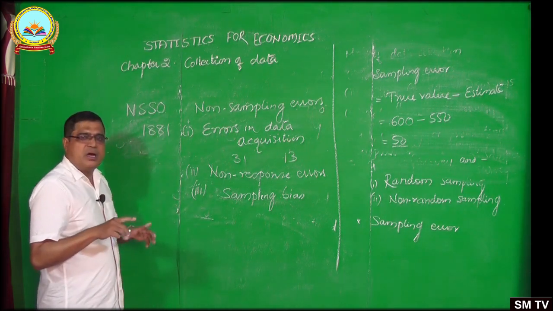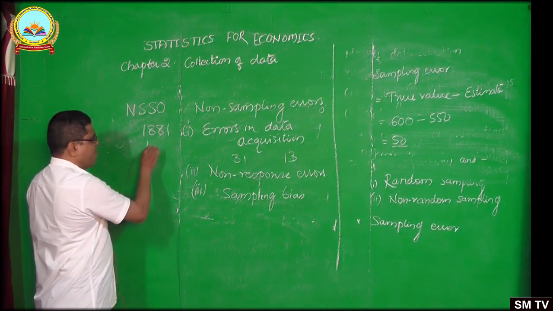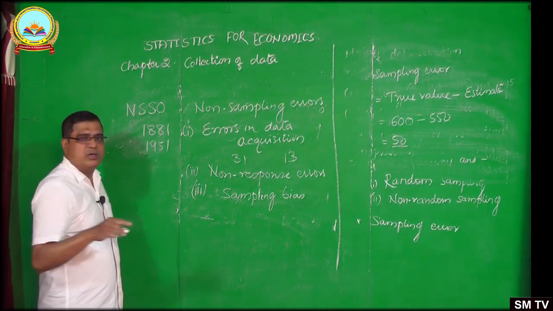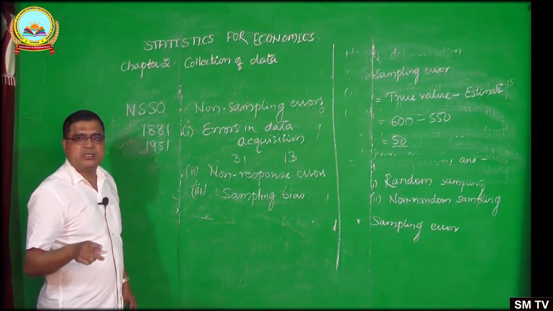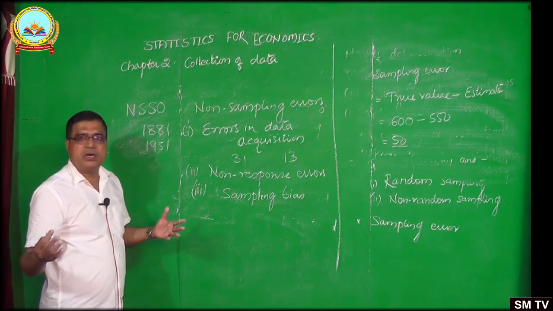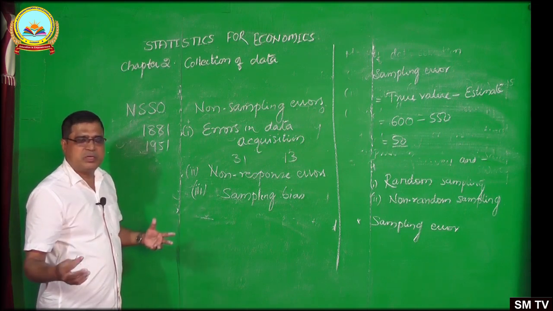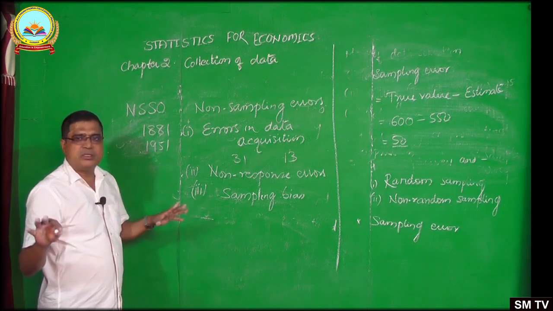And in independent India, in 1951, the first census after independence was conducted. And every 10 years, we have the census survey. In the census survey, the entire population is studied.